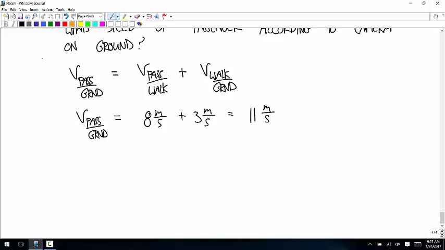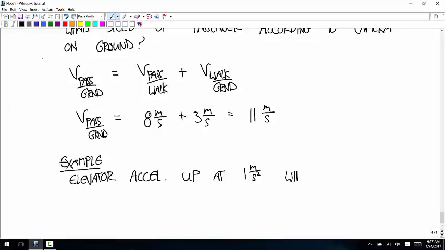Okay, let me do one with acceleration, and then that's it for today. So let's say that an elevator is accelerating up 1 meter per second squared when an object is dropped.